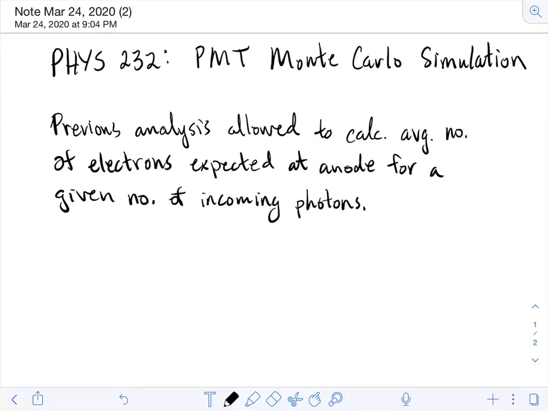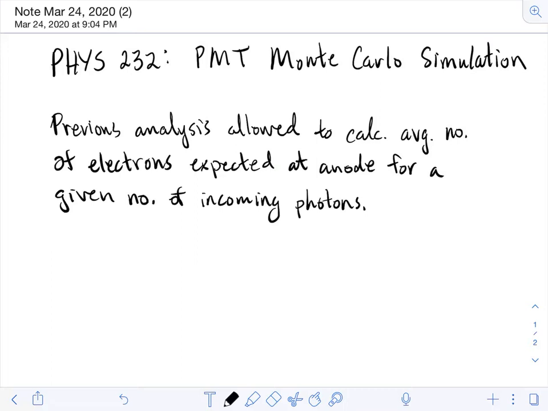What it didn't tell us is what the distribution of the number of electrons arriving at the anode would look like. For example, if we had 8 photons hit our photocathode, and we count the number of electrons at the anode, and we did that over and over, always sending in 8 photons at a time and keeping track of how many electrons we get at our anode for each trial, what would the shape of that distribution look like?